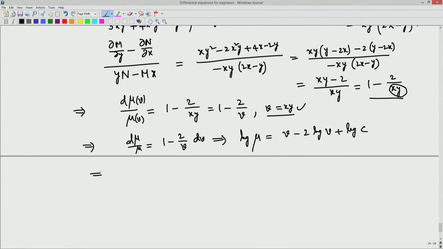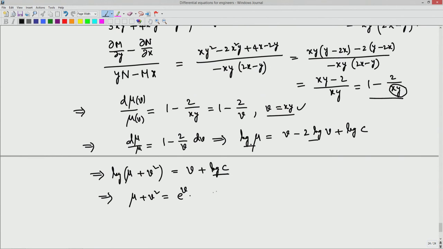So what is the integrating factor? μ is the integrating factor. If I take log μ and this term together, which is equal to v plus log c, this gives me μ times v² equal to e^v into e^c1.